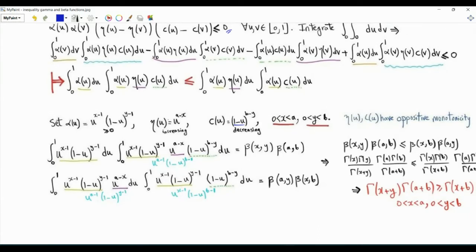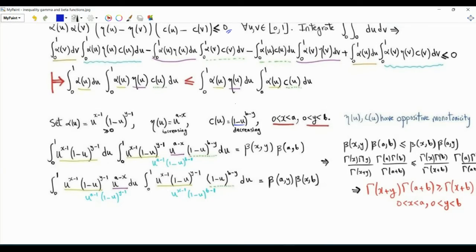So the x's cancel, and we have a minus 1. And the 1 minus u is raised to the power b minus 1. Then it is multiplied by this, and we have b minus y. So y is eliminated, and we have b minus 1. And so we have the integral from 0 to 1 of u to the a minus 1, (1 minus u) to the b minus 1. And when we integrate from 0 to 1, this is beta of a comma b.